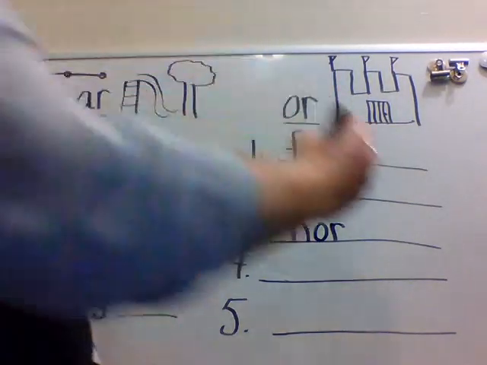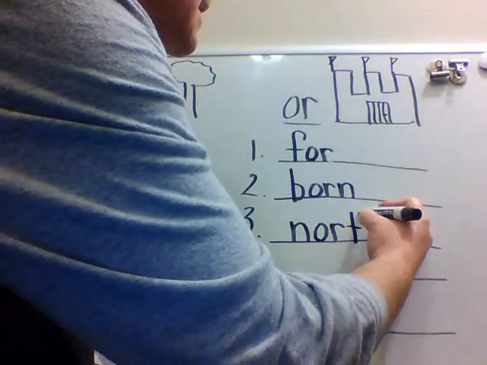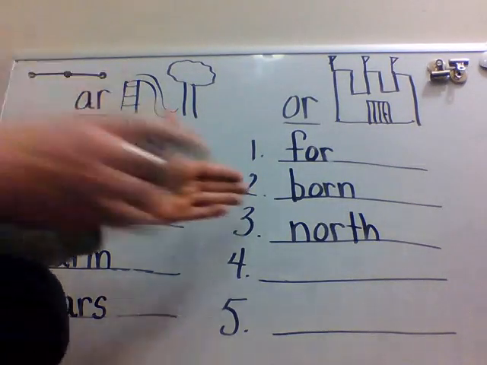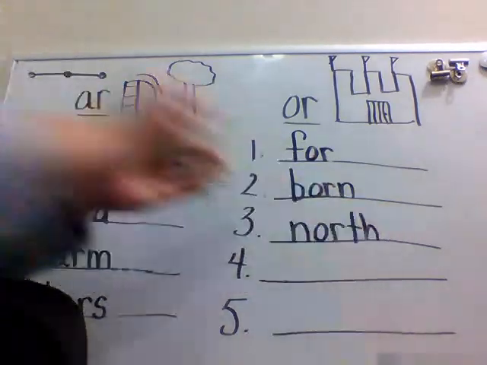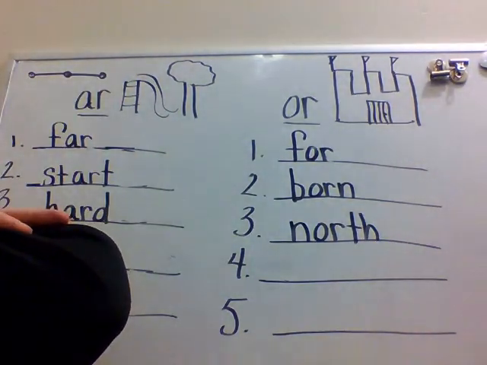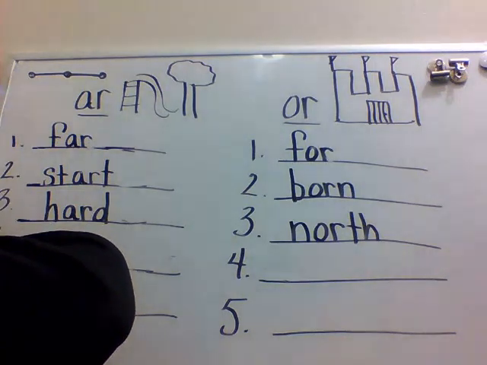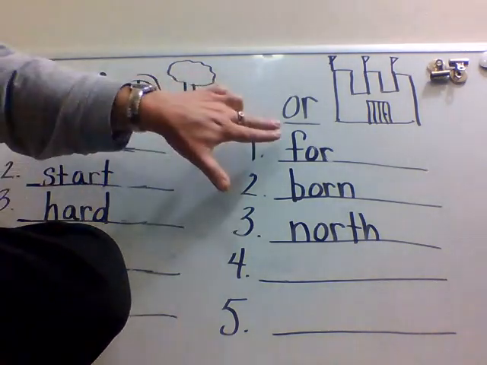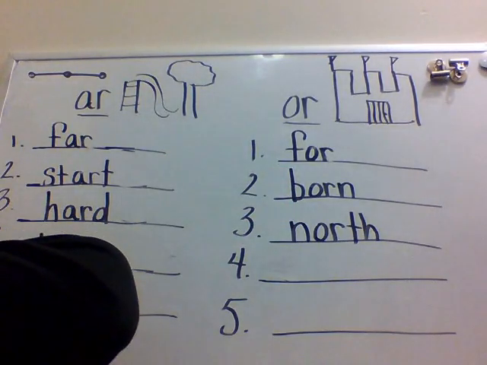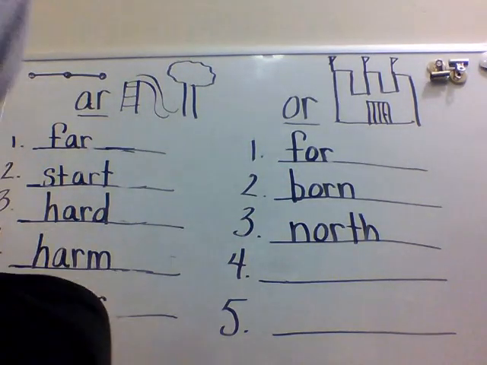Or. All right, we know that's going to be TH together for th. Okay, one of our H brothers. Okay, put it back together again. What is it? North. Like north is always up above on the map. Okay, let's read all three of these words. For, born, and north. Okay, again, the last two are yours.